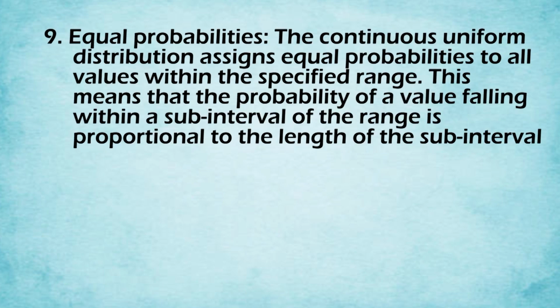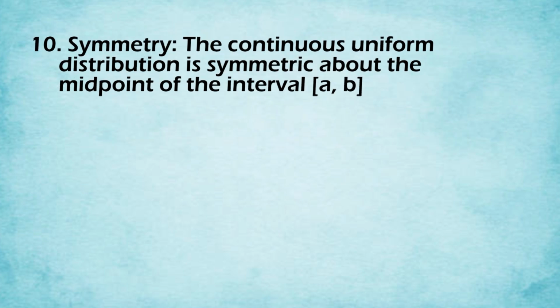Equal probabilities. The continuous uniform distribution assigns equal probabilities to all values within the specified range. This means that the probability of a value falling within a subinterval of the range is proportional to the length of the subinterval. Symmetry.